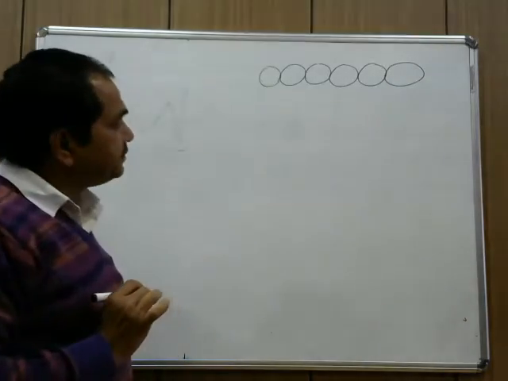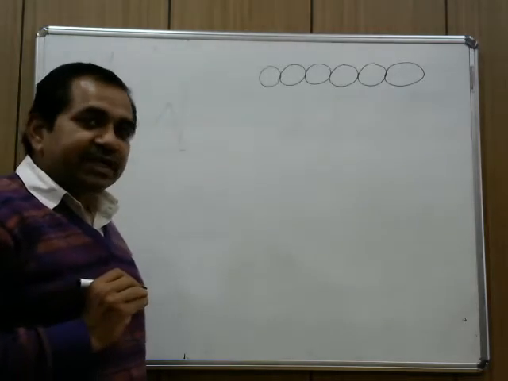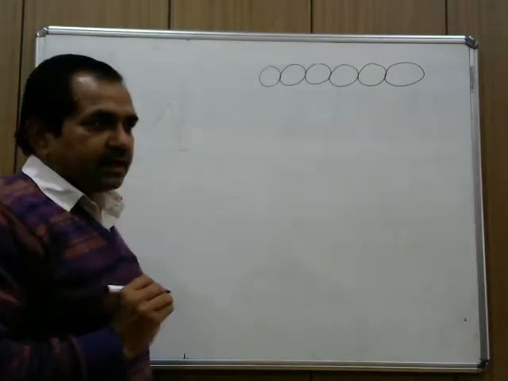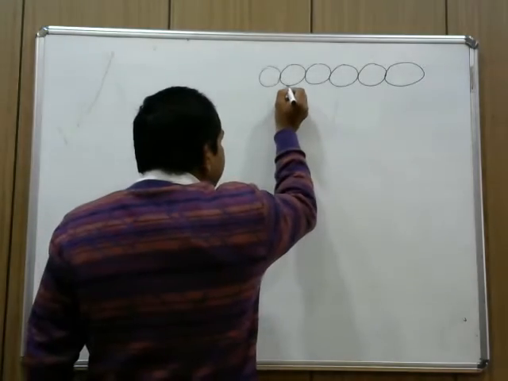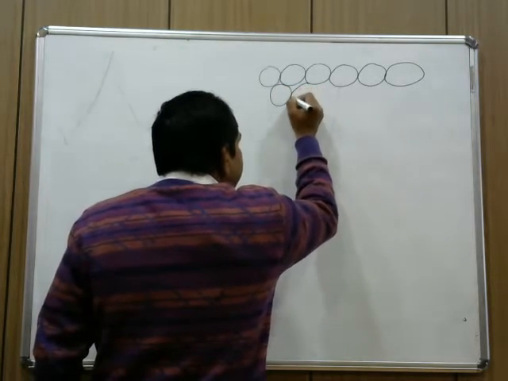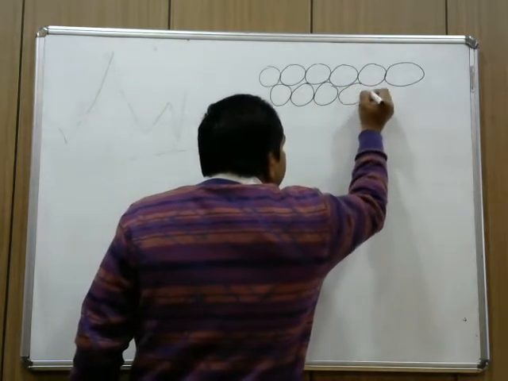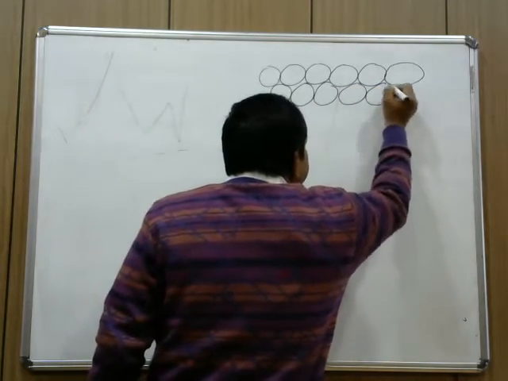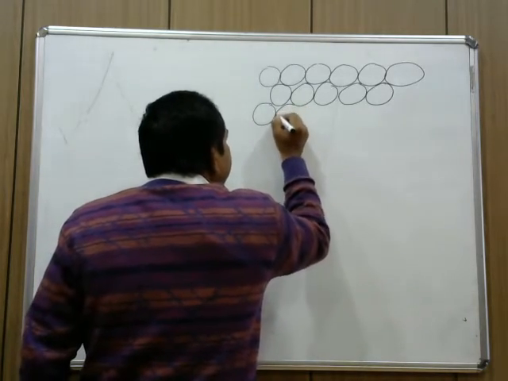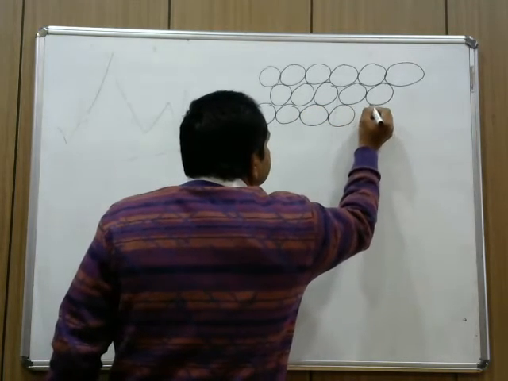These are the spheres of the first row, 1D. When it is extended in the second direction, the spheres of the second row are placed in the grooves of the first row, and this second row is different from the first row. Then again the third row spheres are aligned with the spheres of the first row.